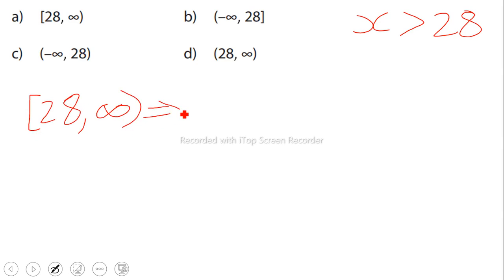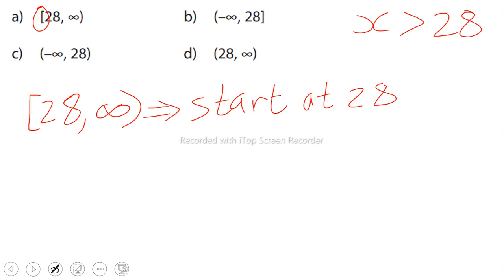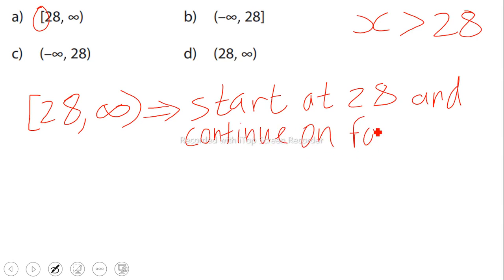Now we're including 28 because we have a closed bracket. So start at 28 and continue on forever and never stop.